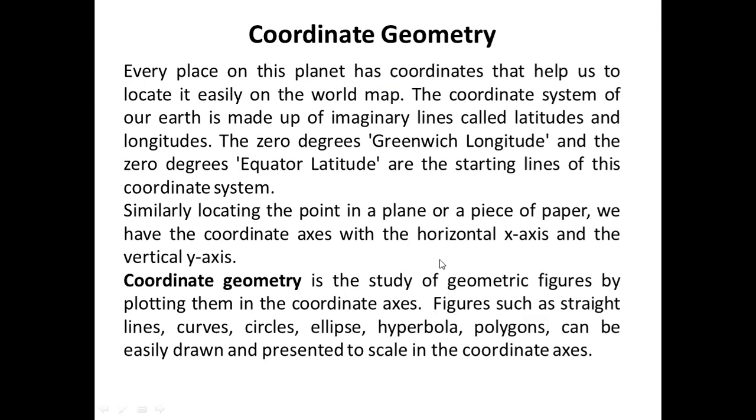Coordinate geometry is the study of geometric figures by plotting them on the coordinate axes. We can plot straight lines, curves, circles, ellipses, hyperbolas, polygons, and everything else you can imagine in the coordinate system.